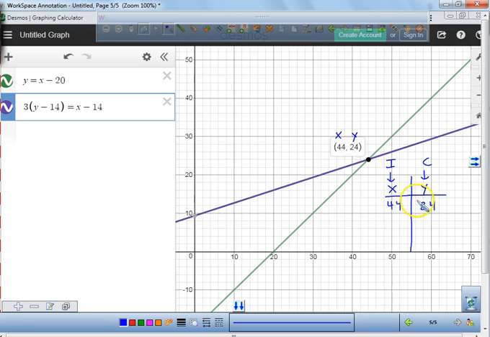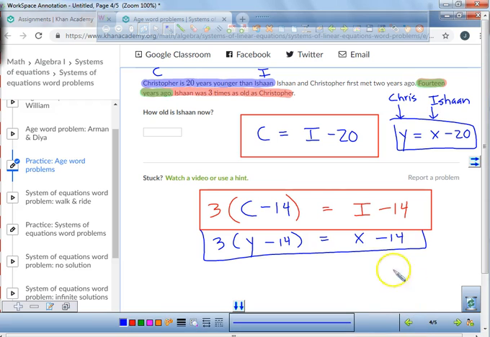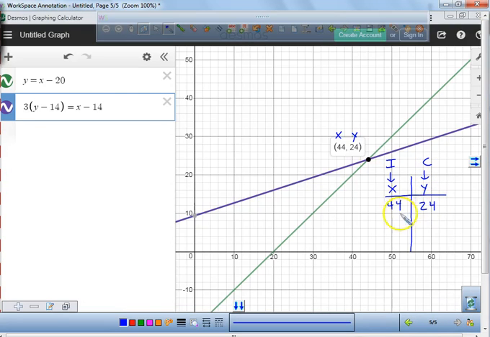Okay? Now, right now, what's our first situation? Our first situation is, hold on, let me go back. It says Christopher is what? 20 years younger. Let's see if that works. Is Christopher 20 years younger right now? That works, right? Now let's take away 14. Ready? Let's just take away 14 years. And let's take away 14 years.